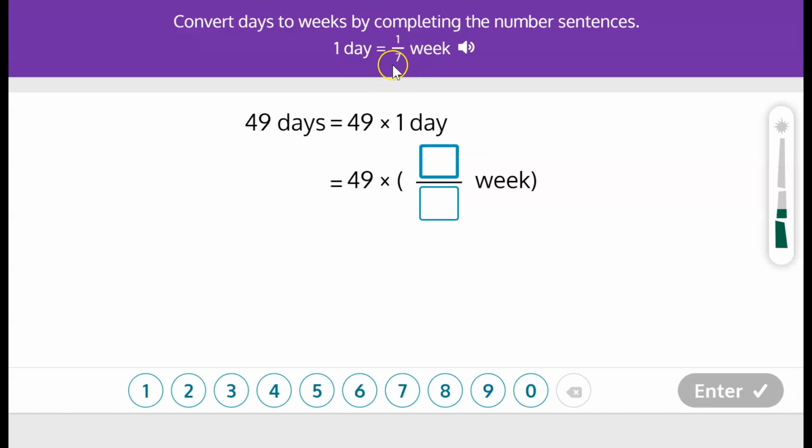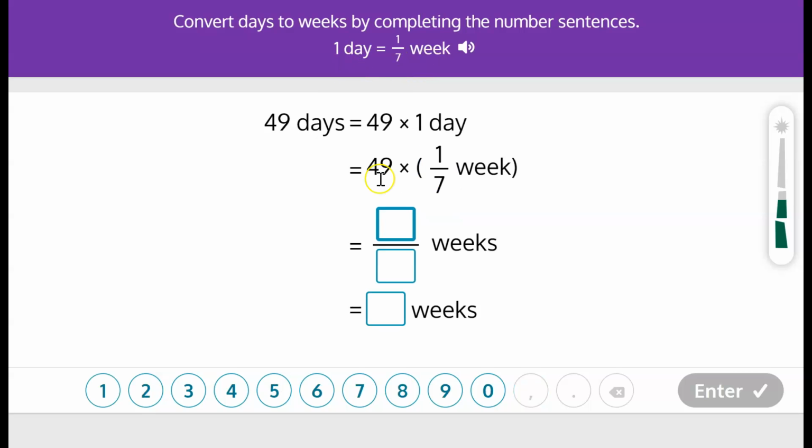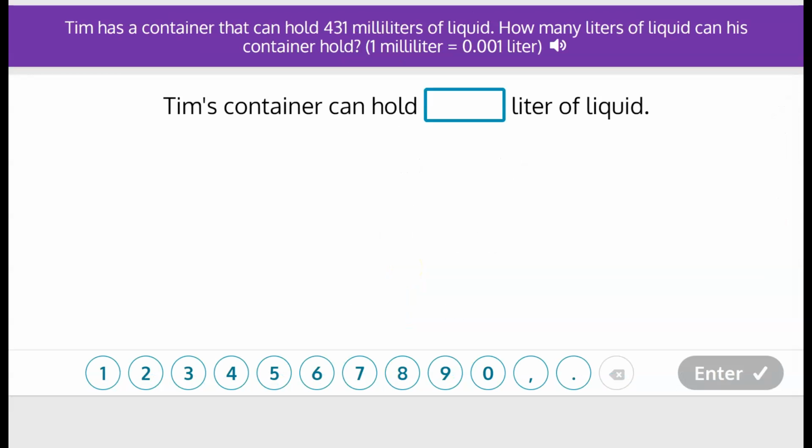Remember, you'll find your conversion up here at the top. What you are converting, 49 days, is your numerator, and what you are dividing it into, weeks, is your denominator. Then you just divide your numerator by your denominator. So 49 divided by 7.